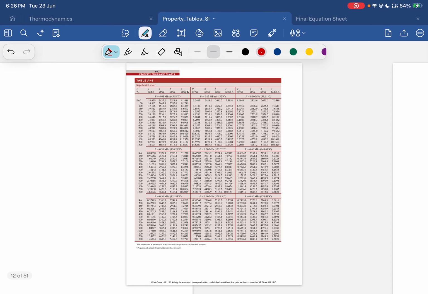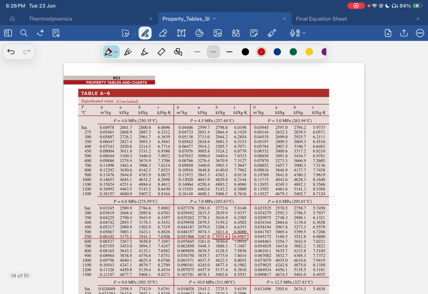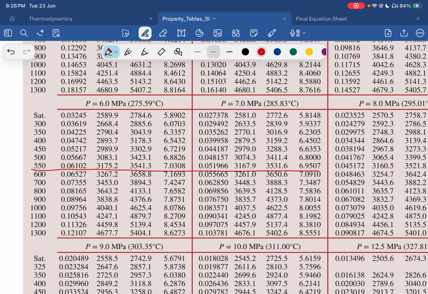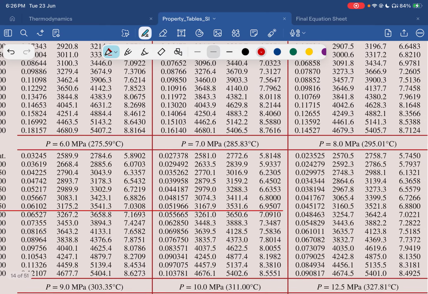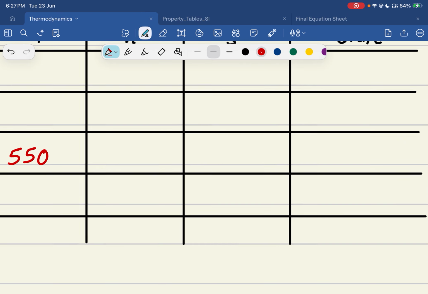We have to go to this table. So 7,000 kPa is just 7 megapascals. And from 7 megapascals, we look at 550. And here are your entropy and enthalpy values, these two. So we have 3531.6 and then 6.9507. Okay, so let's fill these out.